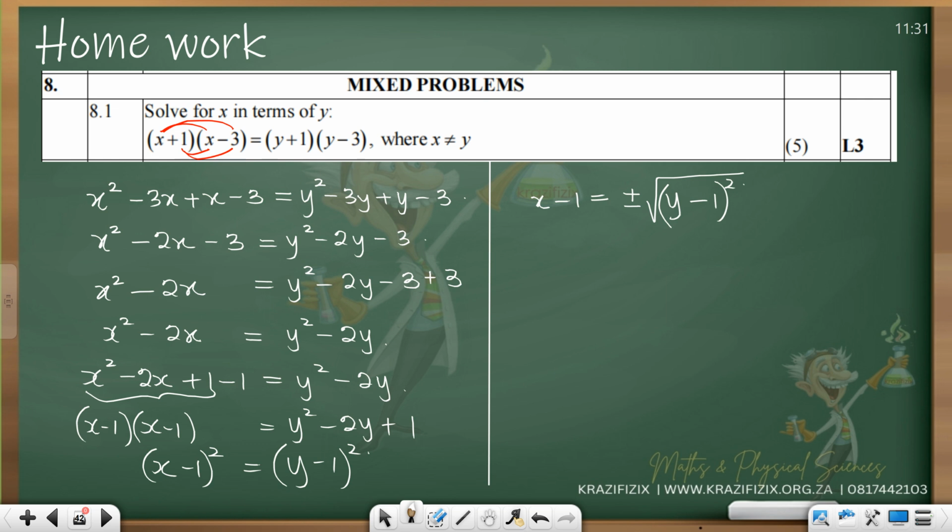Remember, when I look for the square root of both sides, then we say plus or minus. Okay, so this is equal to y minus 1 or minus, this is so brutal maths. All right, if I move that, x equals y, but we are told x should not be equal to y.